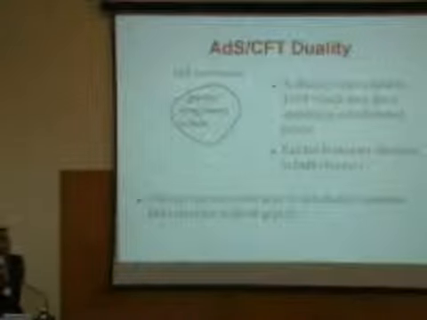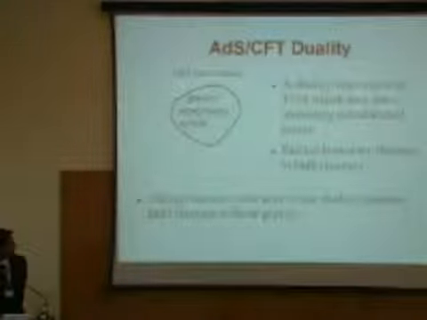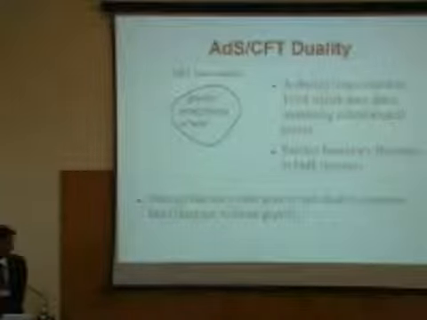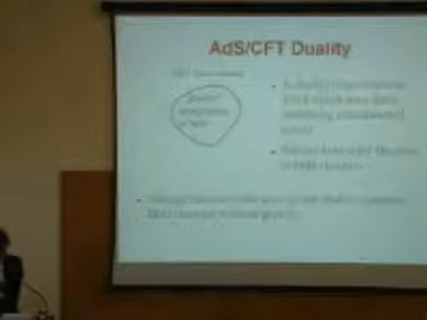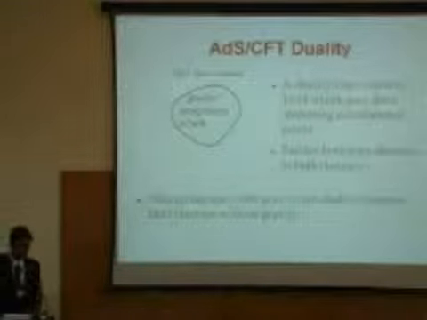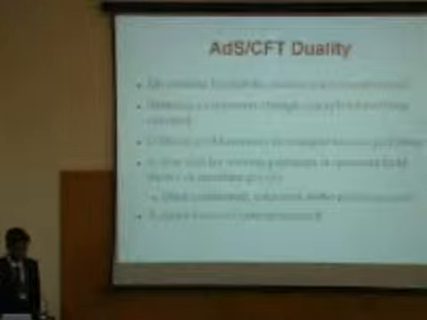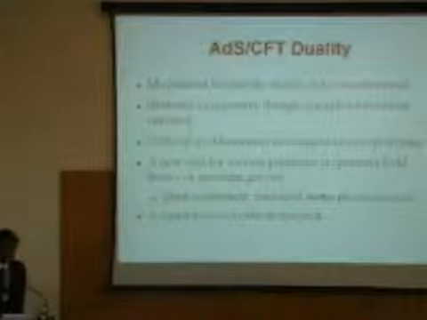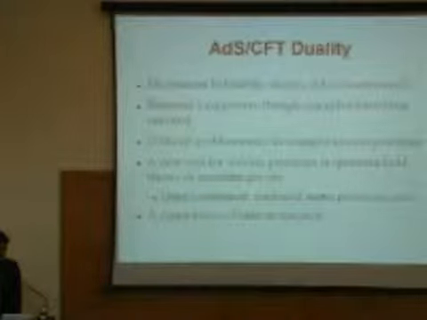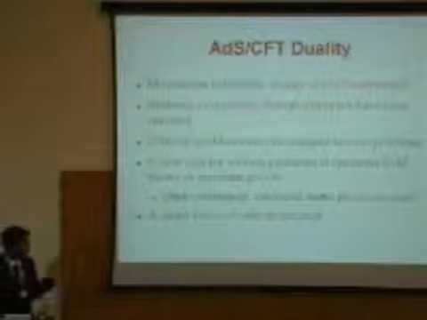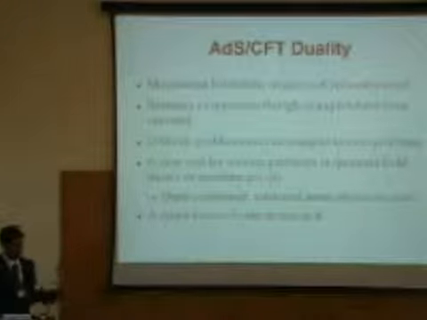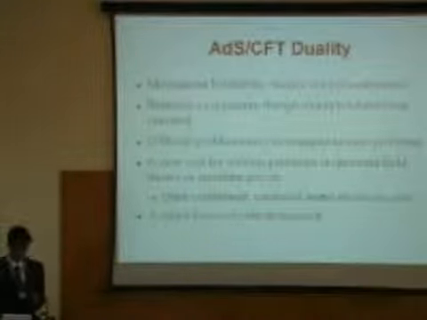So theories with gravity are dual to theories without gravity in lower dimensions, which is a surprising conjecture, and it's still a conjecture, although examples have been checked. We don't understand the duality fully, but we're interested in it because difficult problems in one theory may be mapped to easy problems in another theory.